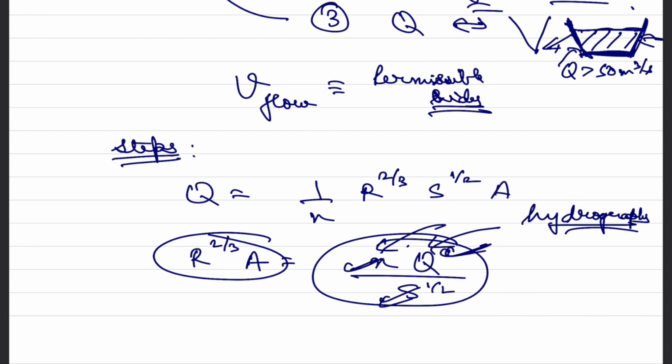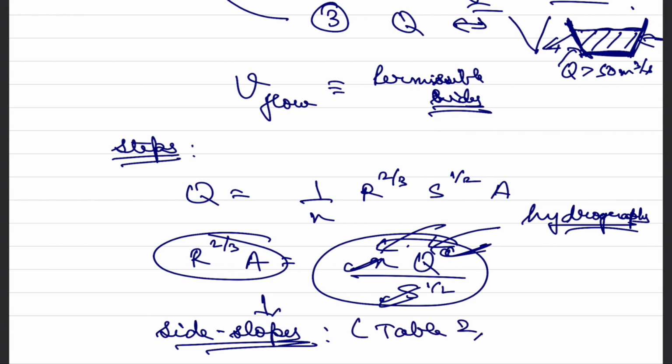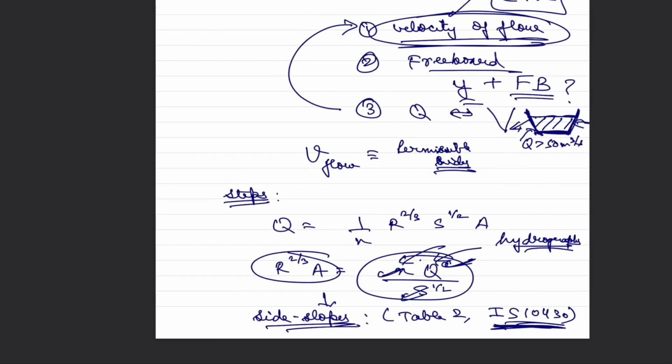Now, what we will do from here is assume some side slopes. And recommendations for these side slopes, depending upon what material we are using to construct our channel, are again given in Table 2 of IS 10430, and depending upon the country, you would find the relevant standards applicable to your nation.